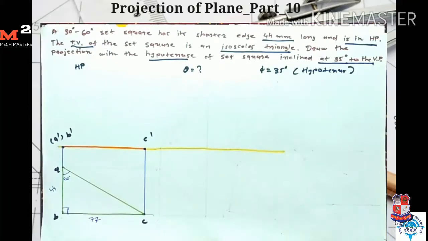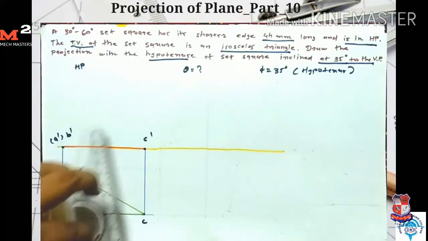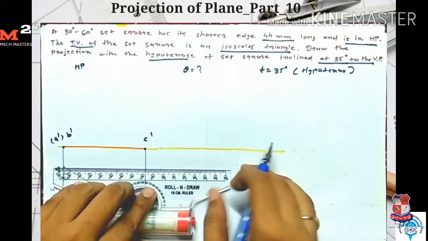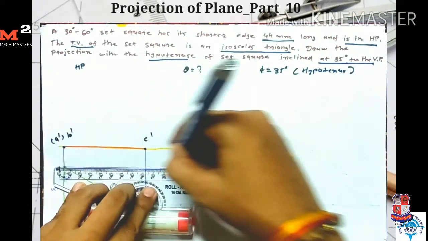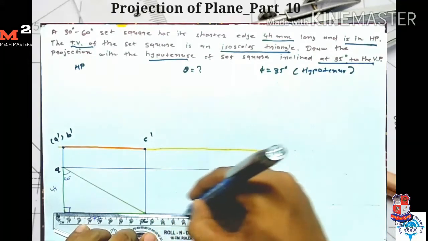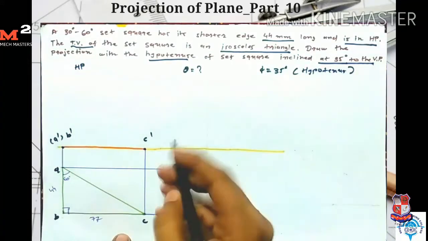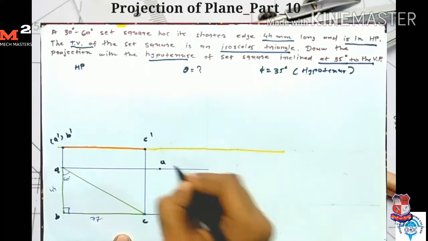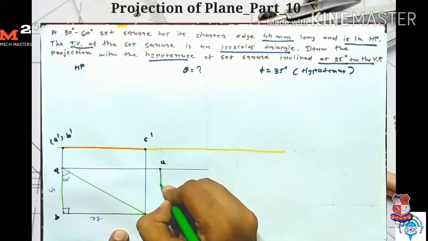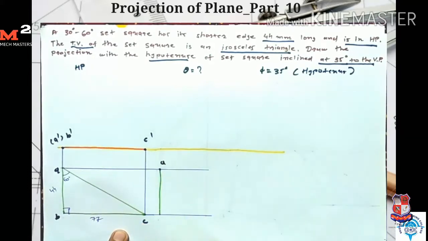So first here I draw the projection for point A, and here I get my point A and I draw one line here. The length of this line is 44 mm.